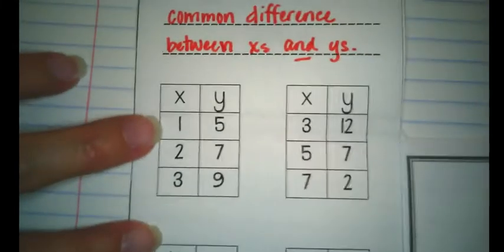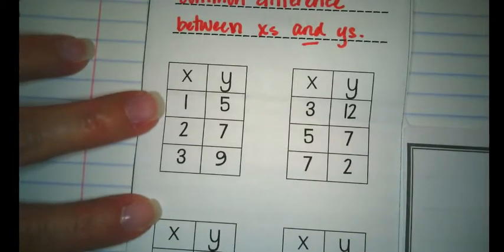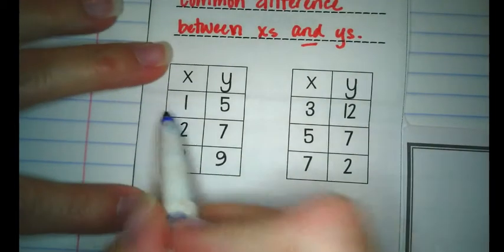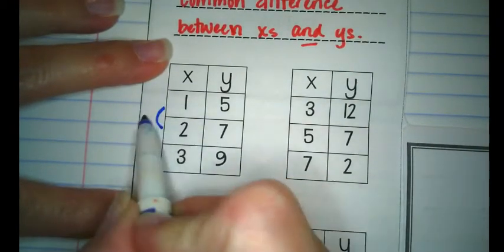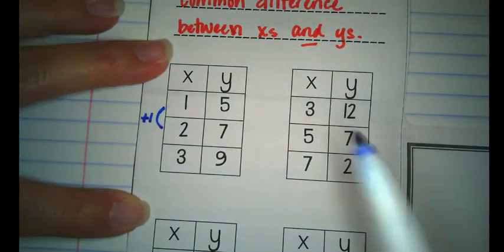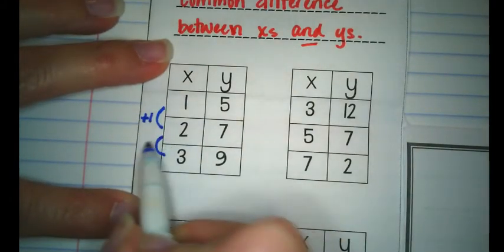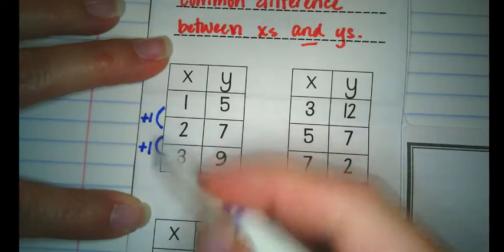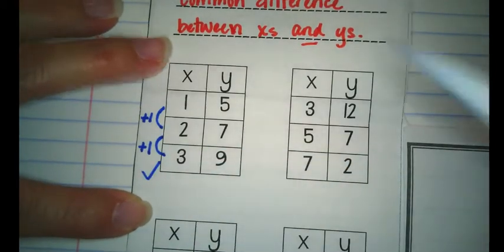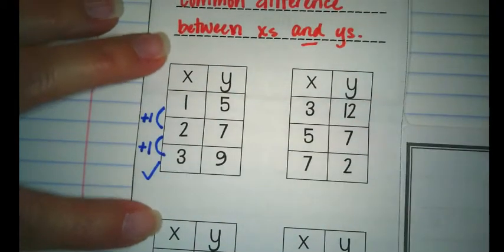If we zoom in a little bit here, I'm going to show you some examples. On this first one, we look from here to here, we add 1, and from here to here, we add 1. So there is a common difference among the x's right there.